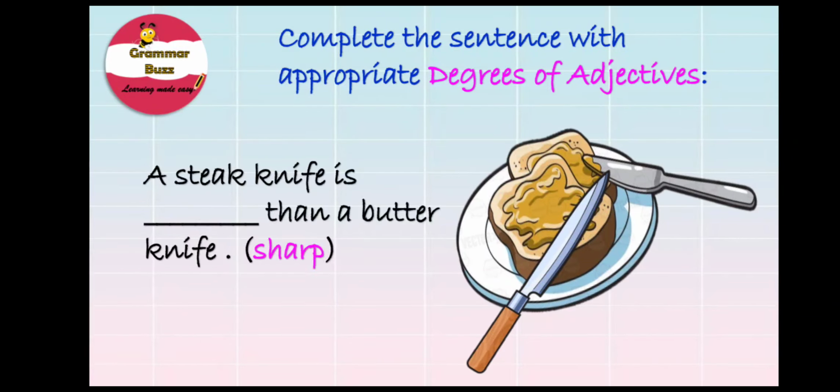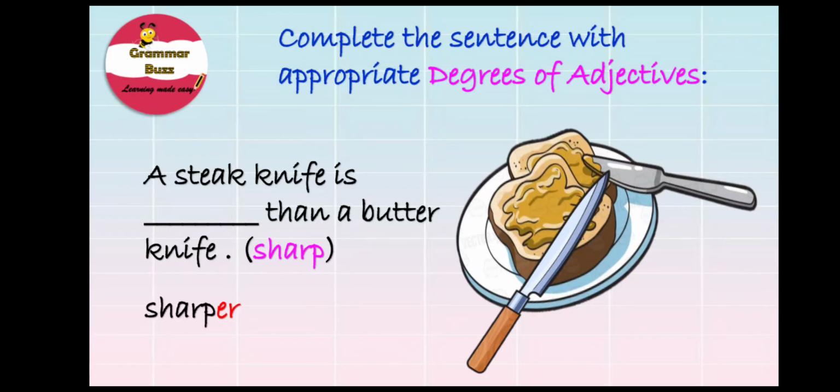The sentence says, a steak knife is dash than a butter knife. And your positive degree of adjective is sharp. Can you say which is the correct degree of adjective that could be fit into this sentence? And how do you form it? Yes, you're right. The word is sharper.